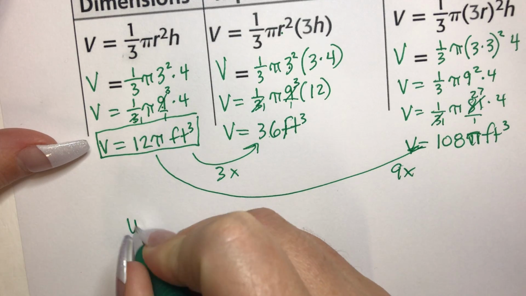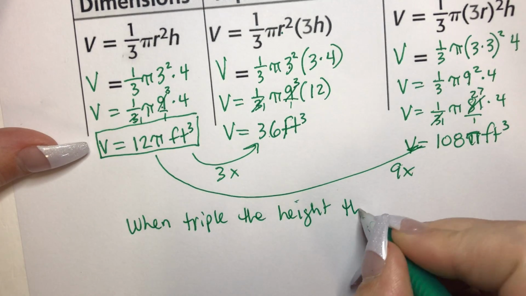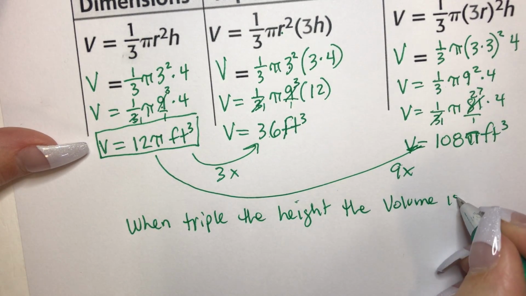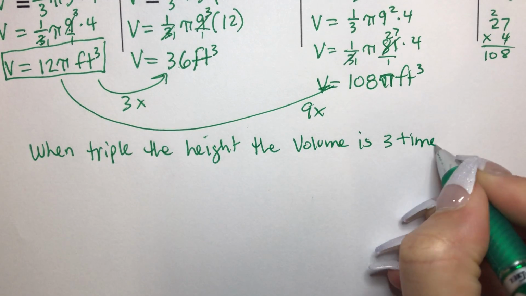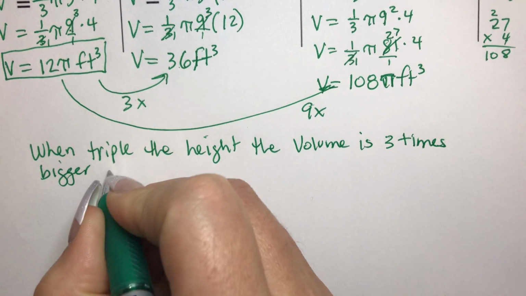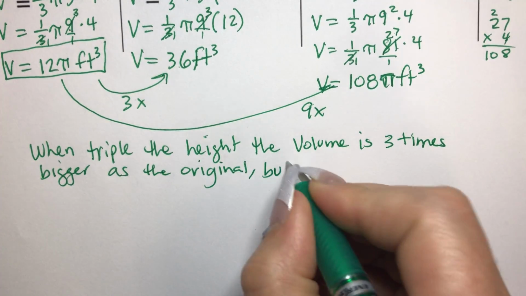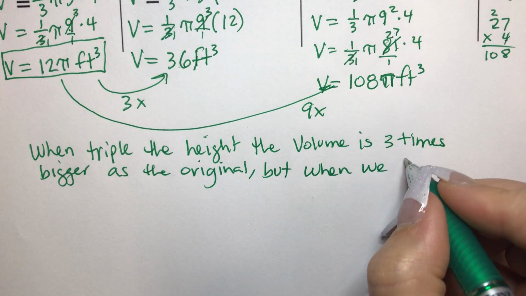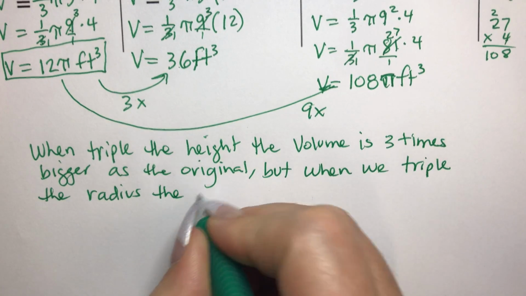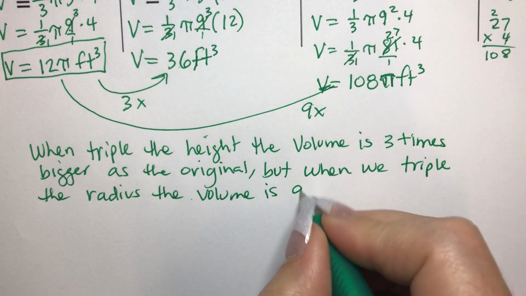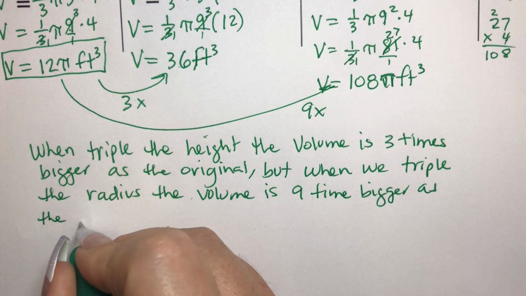And okay, when we triple the height, the volume is 3 times bigger than the original, but when we triple the radius, the volume is 9 times bigger than the original.